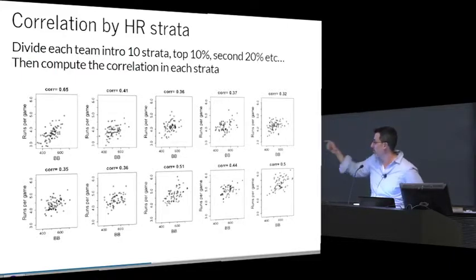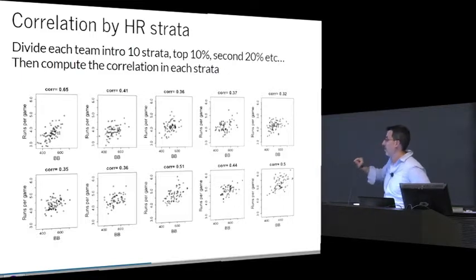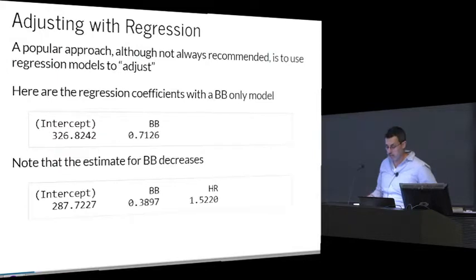But the other thing you see is that the cloud shifts from left to right, which is also something we expected. That means teams that hit a lot of home runs also walk more. But the main point of this picture is once you stratify teams by home runs, the effect of base on balls is greatly decreased. It's not gone, but it's more like a single now.